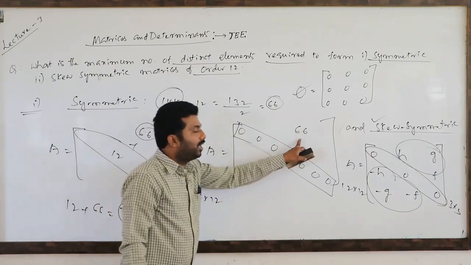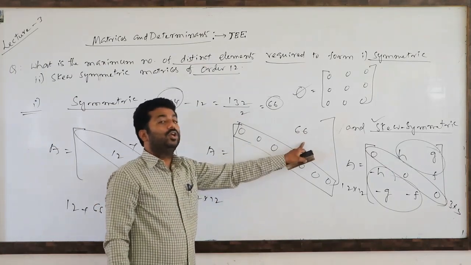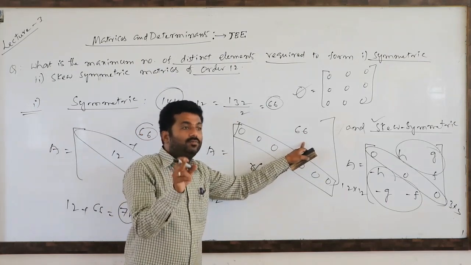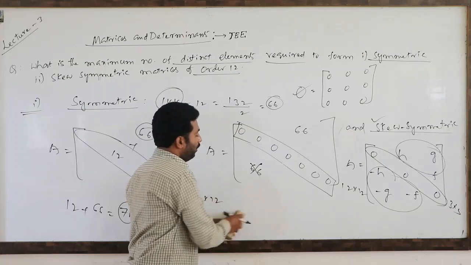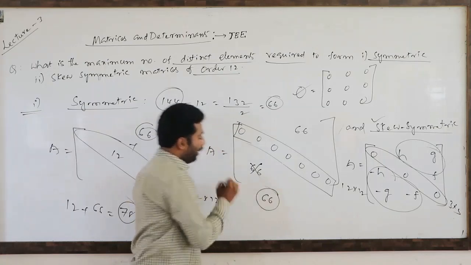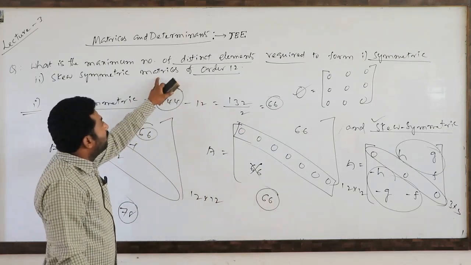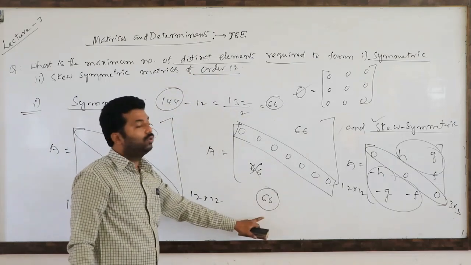So how many blanks are there? 66 blanks. Each and every blank is one distinct element, so 66 distinct elements are required. So the number of distinct elements required to form a skew symmetric matrix of order 12 is only 66.